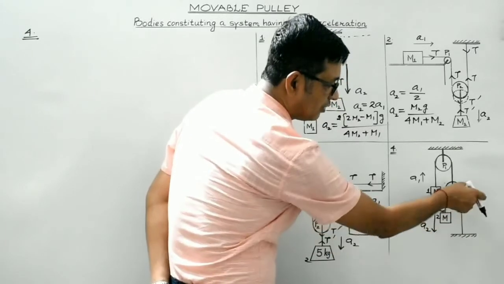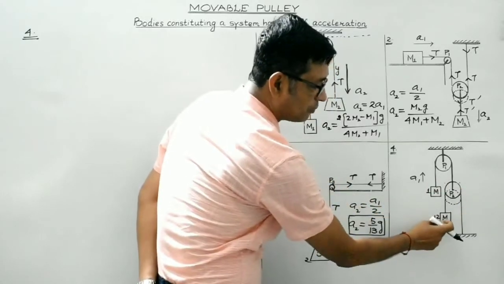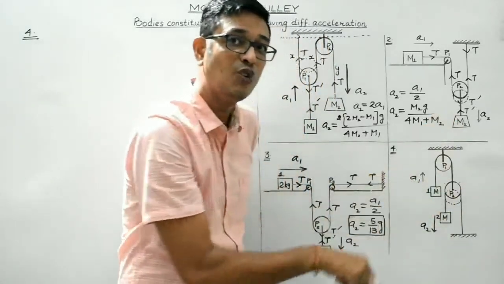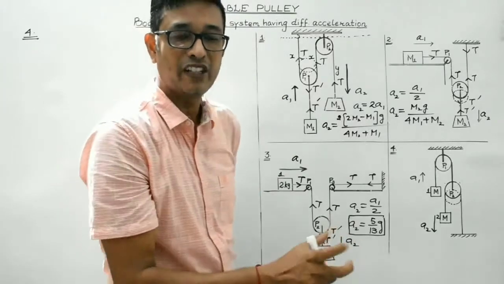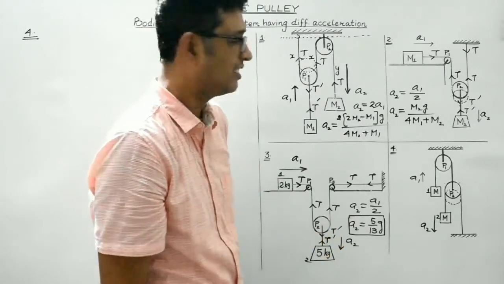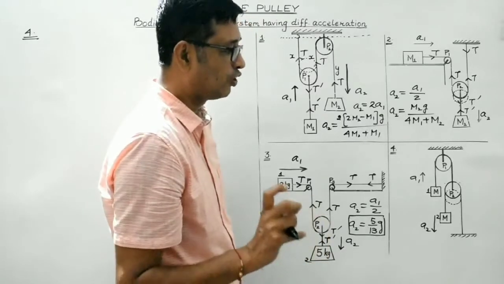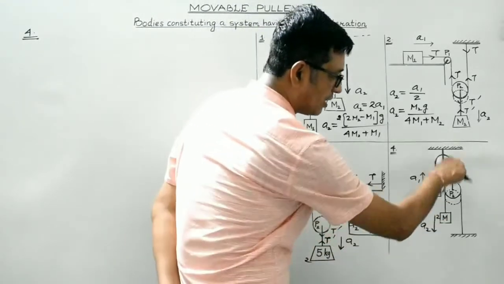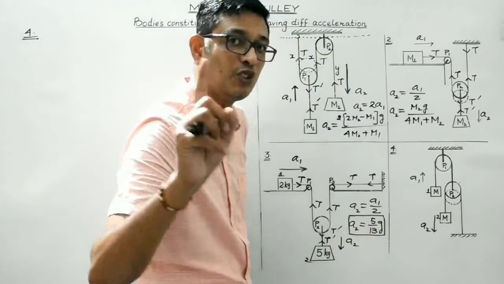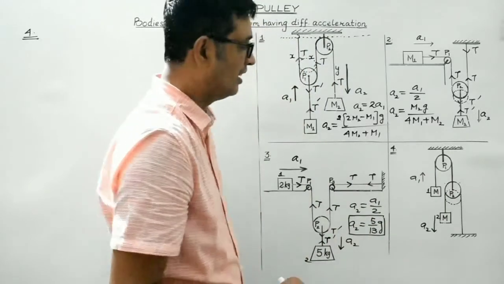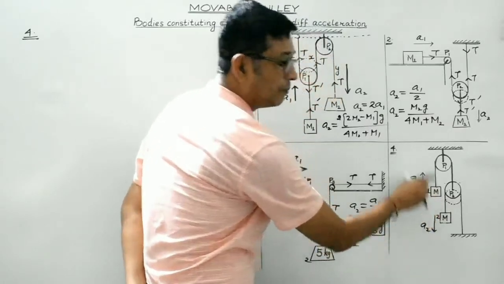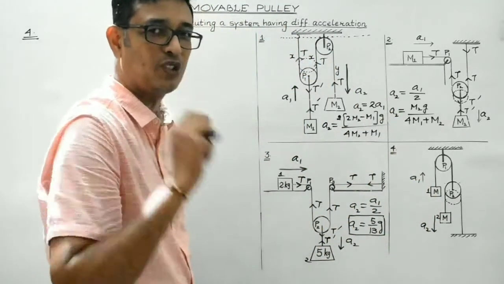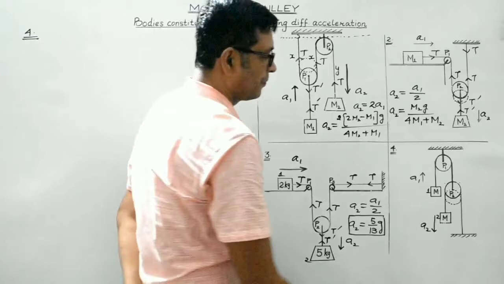So as a result, this mass will come down by a distance of 2 meters so as to keep this string taut. In order for this string to remain taut, this body should come down by a distance of 2 meters. That is, in the same time, this body will cover twice the distance covered by body 1. Again, I repeat, students, it's a very, very interesting one.